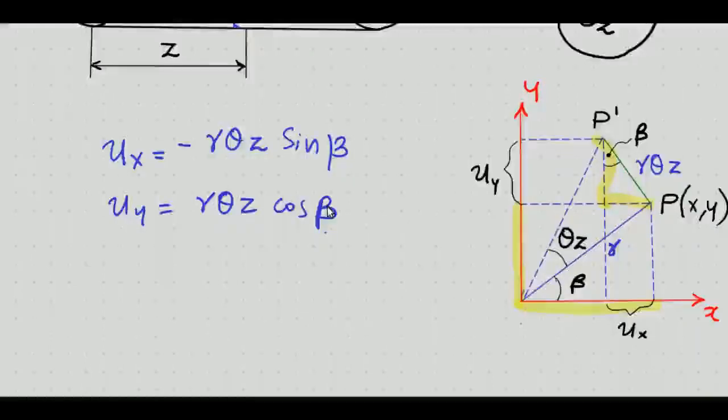From the figure, sine beta is y by r and cos beta is x by r, where r is the length from the origin to P.